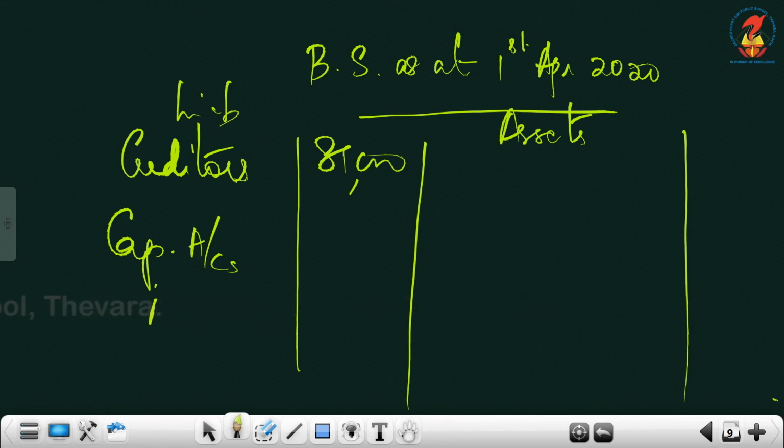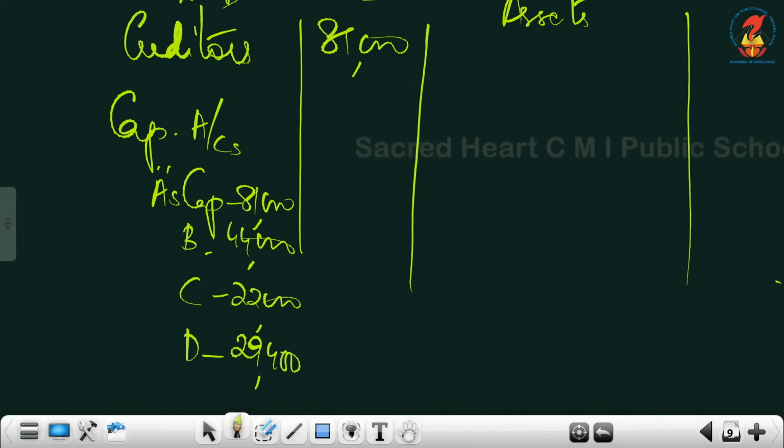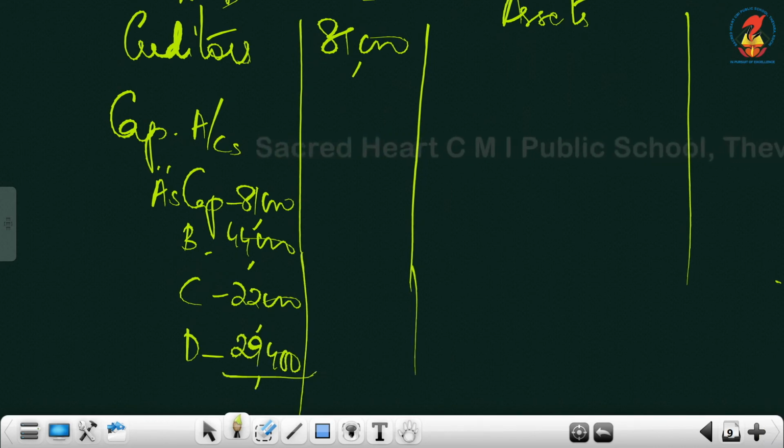That is A's capital balance 81,000, isn't it? The new balances, take it from the partners' capital. 81, 44, 22, and for D 29,400. And the total also you must write, 1,76,400.